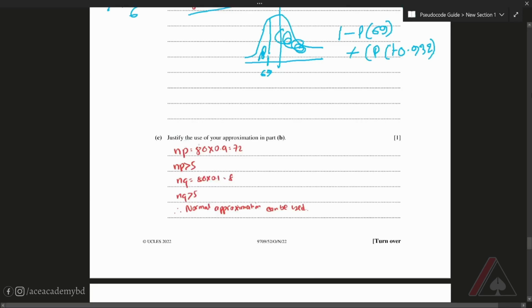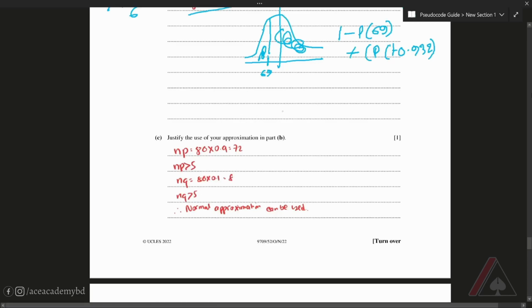In 6C they told us to justify the approximation in part B. What they mean by this is they want us to show that we can use the normal distribution for these calculations. A rule for the normal distribution is that the expected number of times something happens and the expected number of times it does not happen both have to be greater than 5.